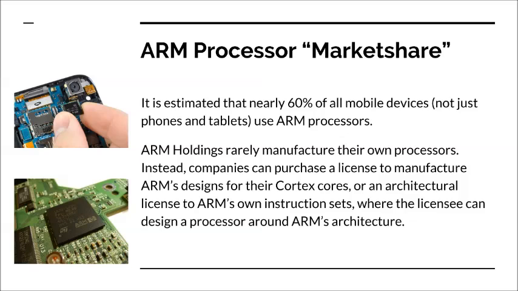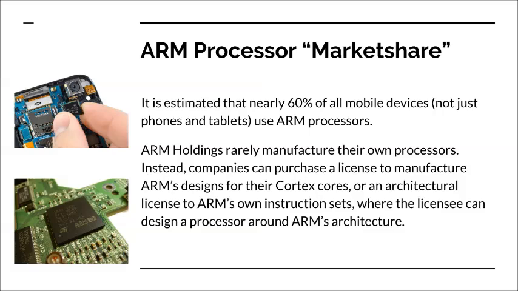a chips or SoCs. And then there's the architectural licenses, and the architectural licenses include two instruction sets, the ARM instruction set and the Thumb 2 instruction set. And it also comes with general guidelines on the architecture, like how many general purpose registers, the width of the registers, that kind of thing.